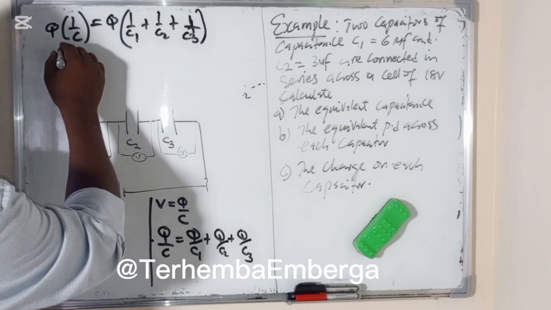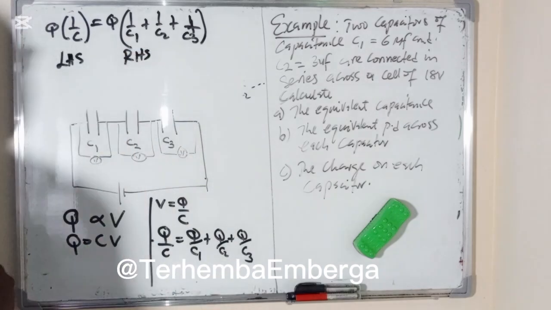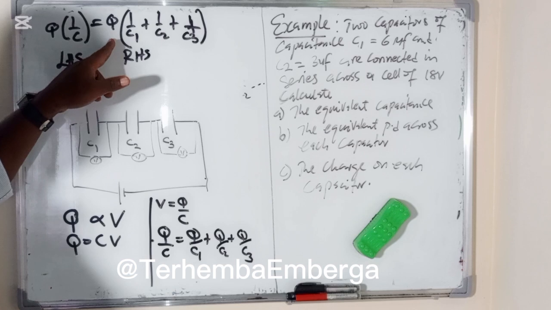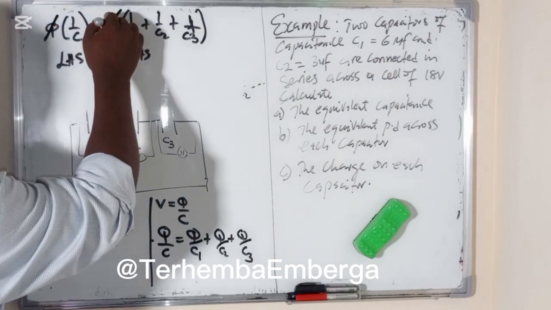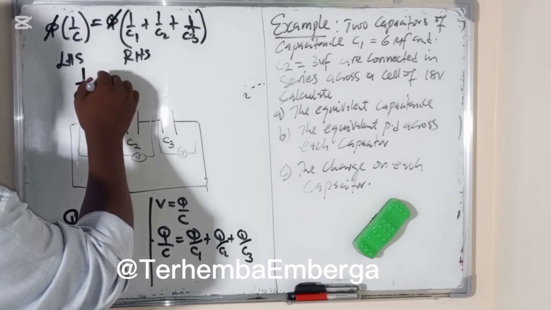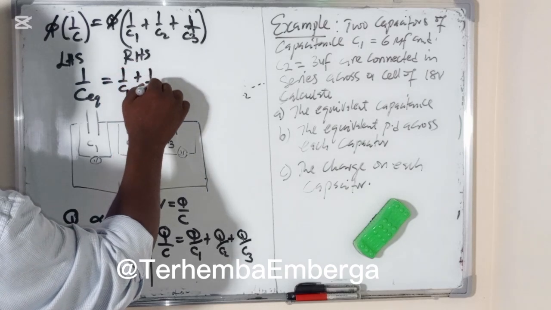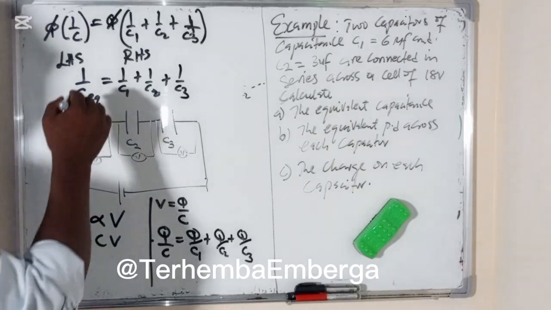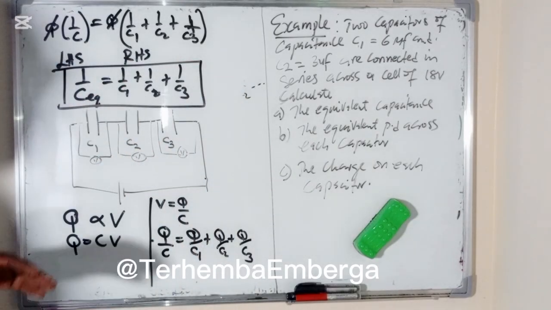Remember, this is the left-hand side of the equation and this is the right-hand side. Whatever you decide to do on the left-hand side, you equally do on the right-hand side. Since Q is common, this will take care. I will have that 1 over C effective or equivalent will be equal to 1 over C1 plus 1 over C2 plus 1 over C3, which is the formula for calculating the effective capacitance.